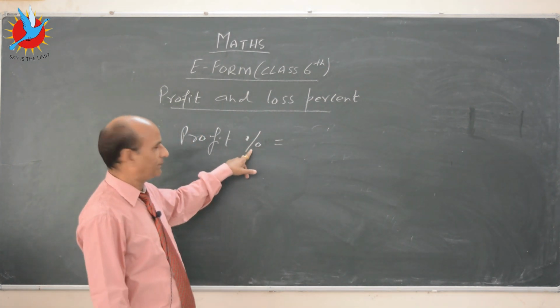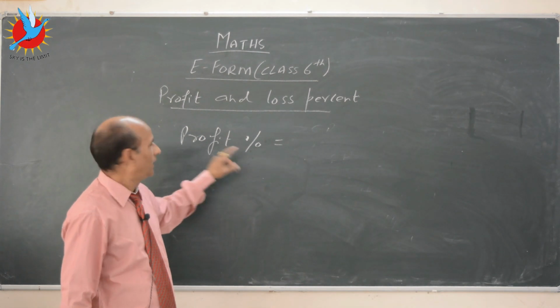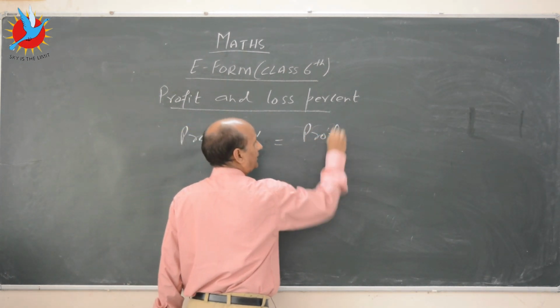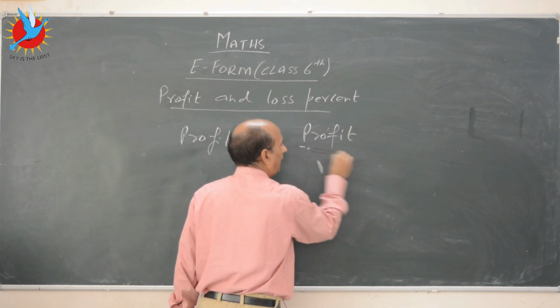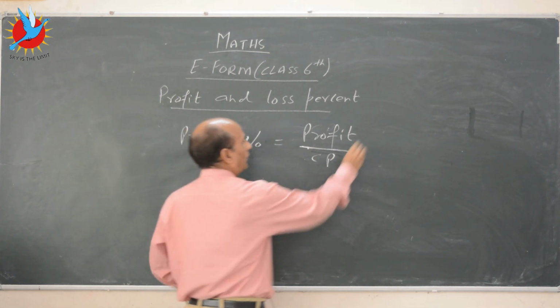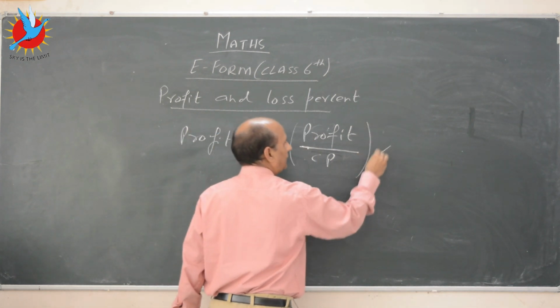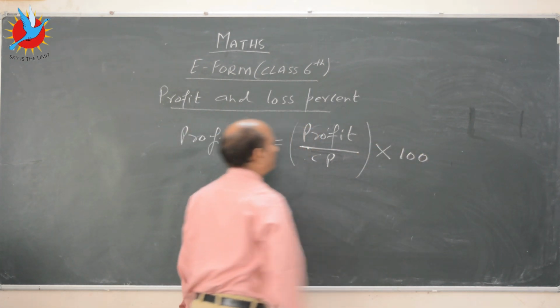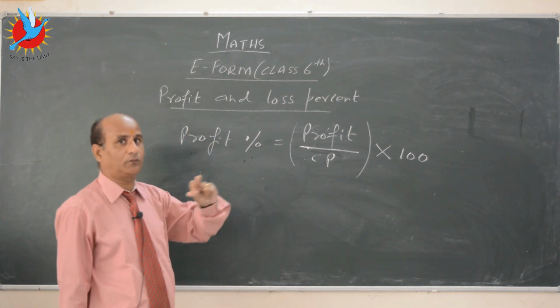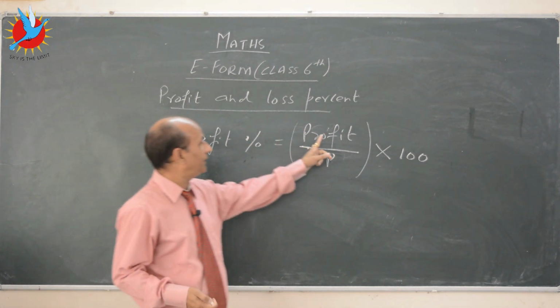In case of writing the percentage, I have taken the symbol percent. So profit percent is equal to profit divided by cost price multiplied by 100. This is the formula of calculating profit percent.